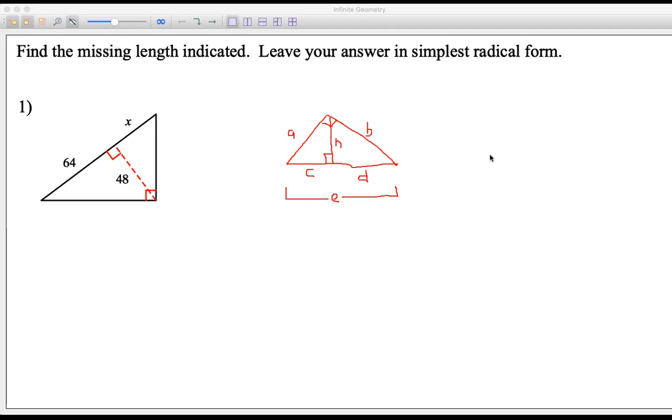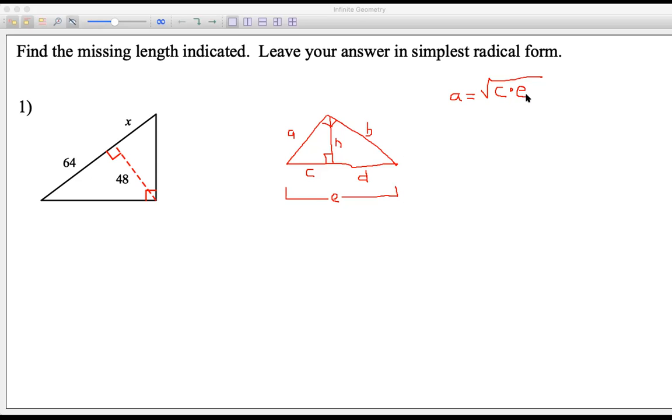Now you get two corollaries from this. I'll give them both to you. Corollary 1: A is equal to the square root of C times E. I'm doing them out of order.